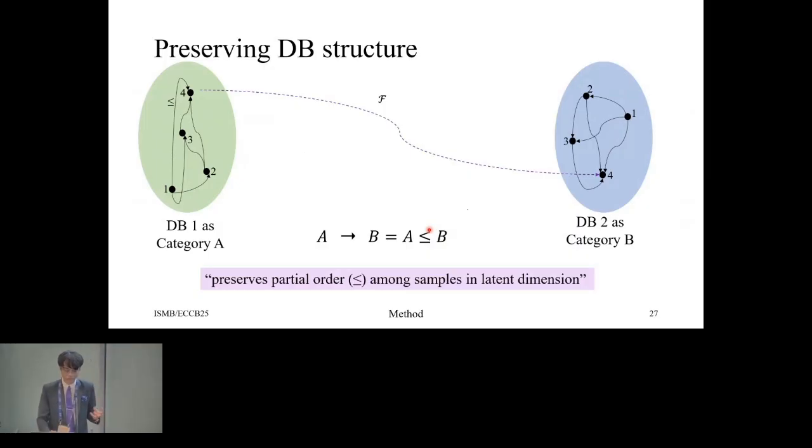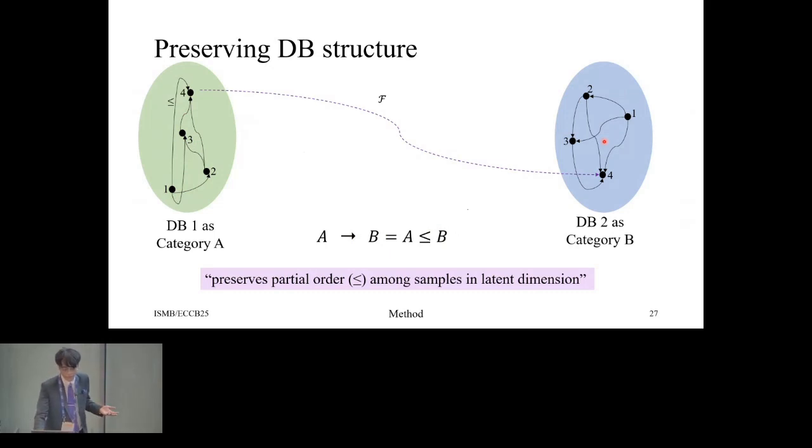Our goal is to map from this category A, or database 1, to category B, or database 2. This thing is called a functor between these two categories. So our deep learning should be able to approximate this functor, which would preserve the partial order in some latent dimensions.